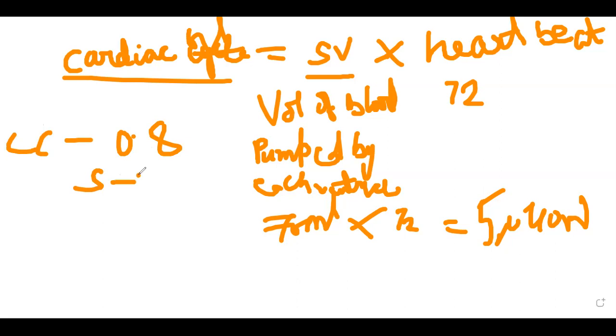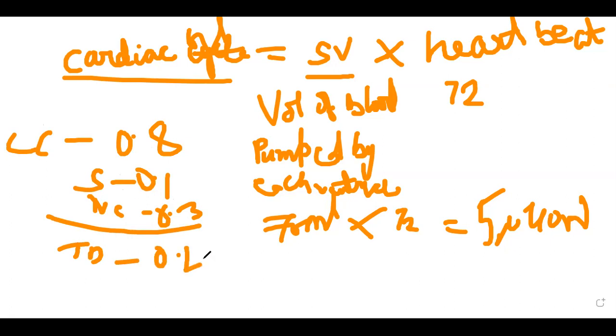In that, atrial systole will be just 0.1 second, ventricular systole will be 0.3 second, and the joint diastole will be 0.4 second. So this is called the cardiac cycle.